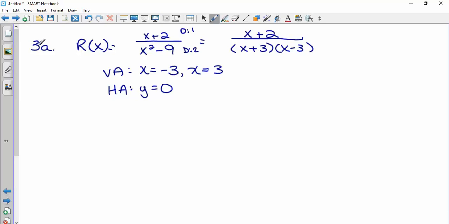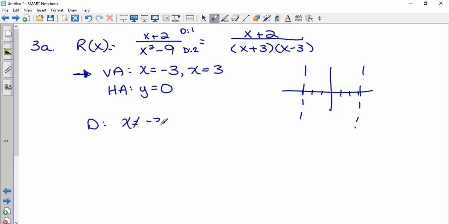The other question I asked you was domain. The domain is very similar to your vertical asymptote. When you draw your graph, where you have vertical asymptotes is essentially where your x's don't exist. We know for the domain that your denominator can't be 0. So x cannot be -3 or +3 in our domain. The bottom of a fraction can't be 0.